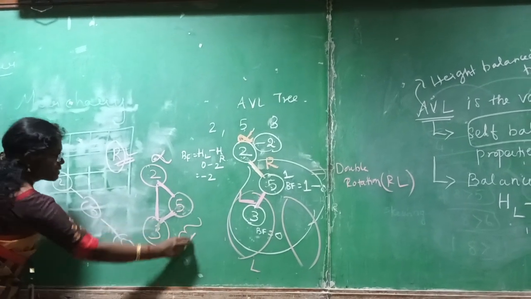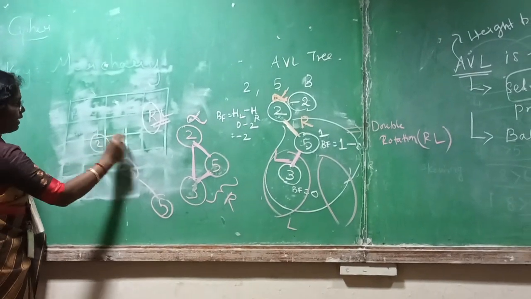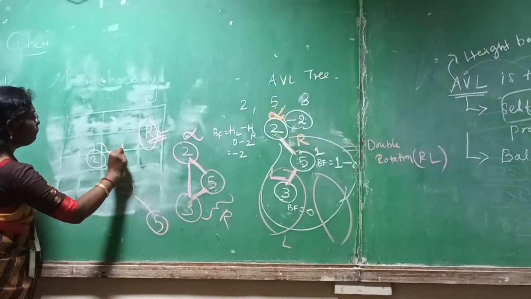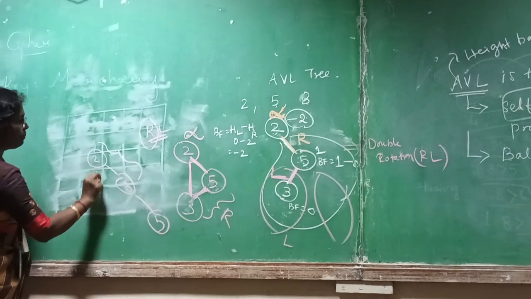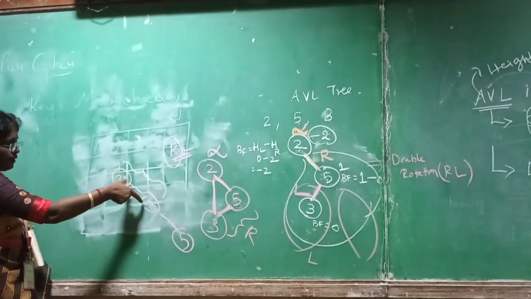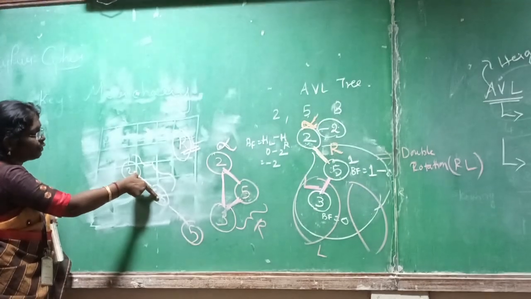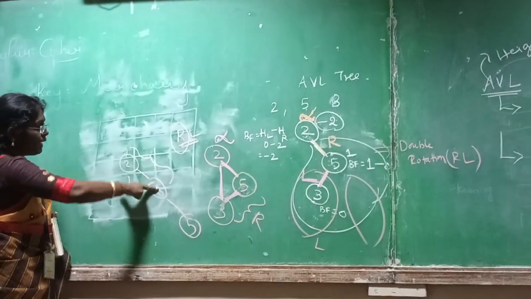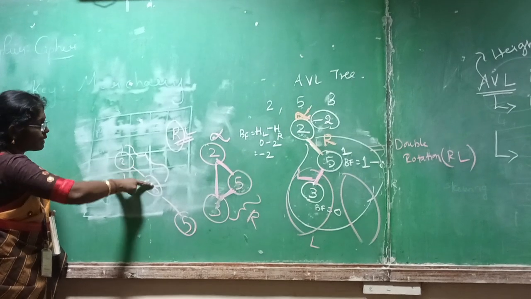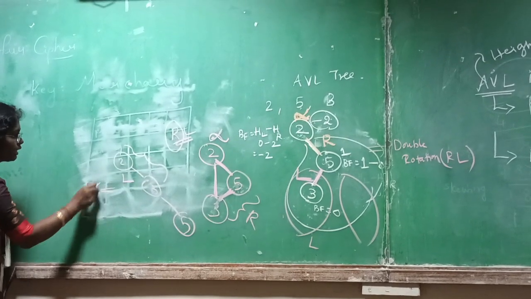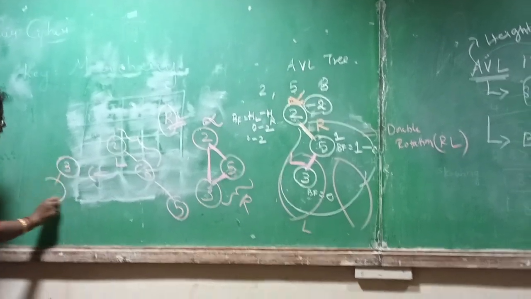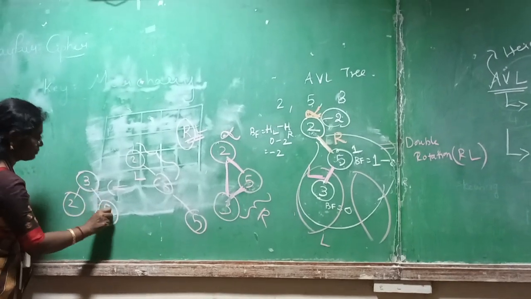Once R is done for this, you start continuing for left. For the upper two nodes, you perform L. So here in this figure I am having 2, in this figure I am having 3. If I do left, I am going to rotate left side. So if I rotate left, I will be getting 3 here and 2 here and 5 here.